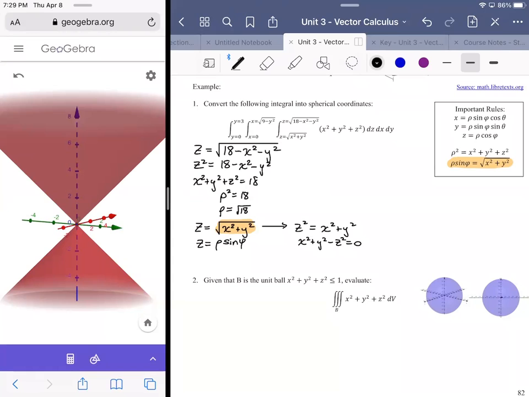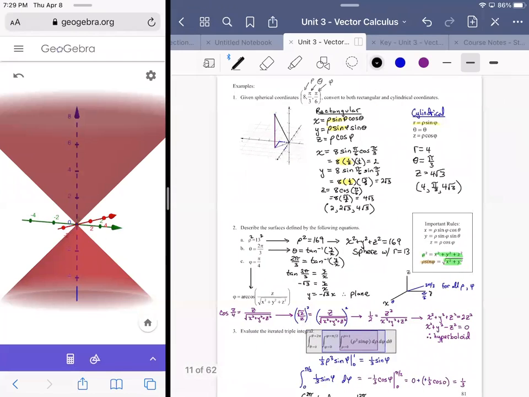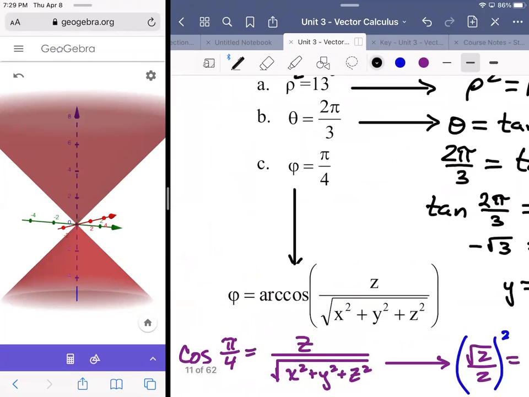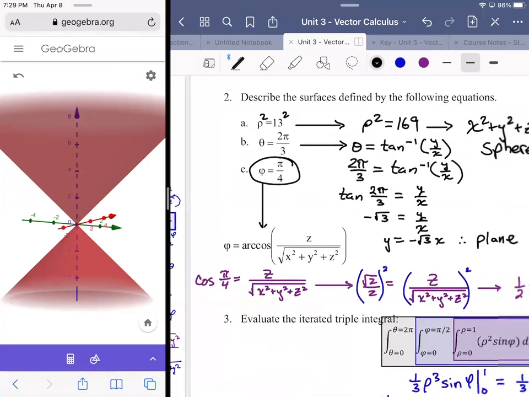For example, we know that z is equal to rho cosine of phi. In which case we would be looking for acute angles where cosine and sine are equivalent to one another. We could do it that way. Either way, we should be coming up with phi is equal to pi over 4.